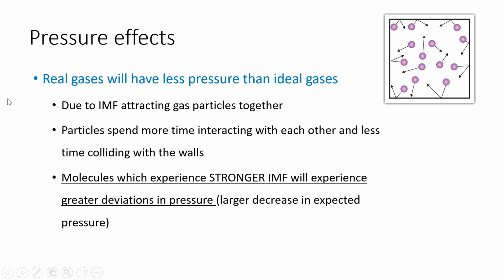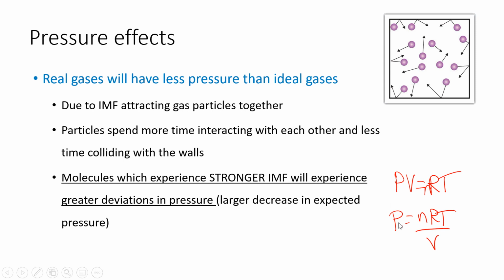What are some of the effects we will see? Well, when we measure the pressure of a real gas, it will have less pressure than predicted from the ideal gas law. If we were to do a calculation with PV equals nRT and solve for pressure, this would tell us the pressure we would expect an ideal gas to exert.